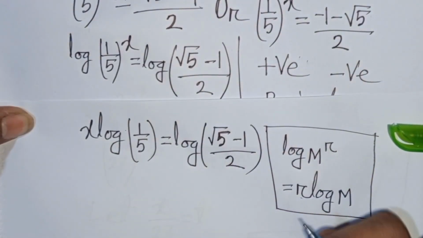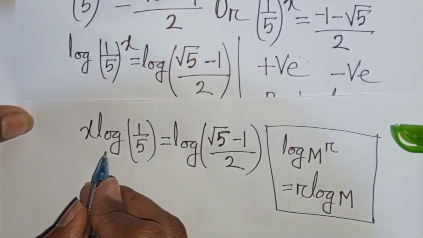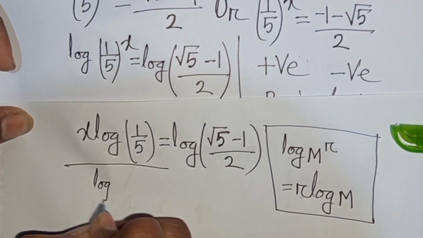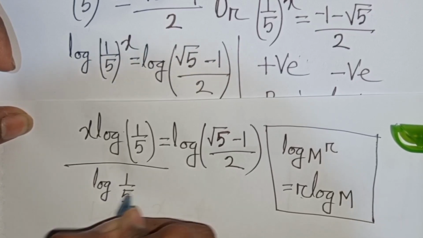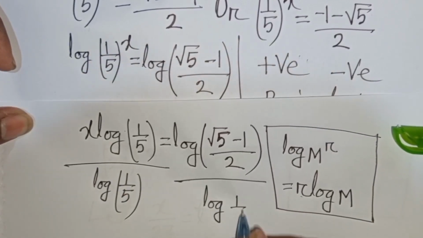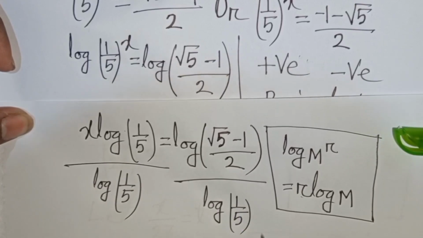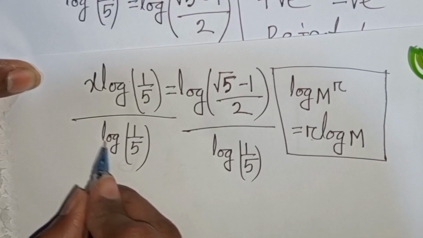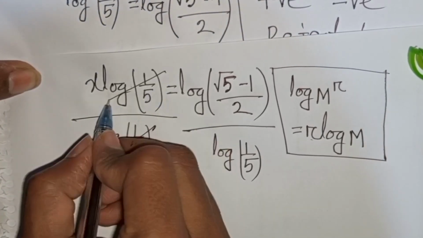Now we need the value of x, so we divide by log of 1 by 5 on both sides. Now this log of 1 by 5, this log of 1 by 5 will be cancelled.